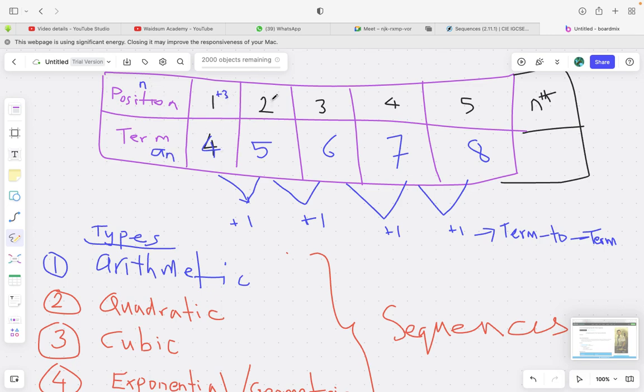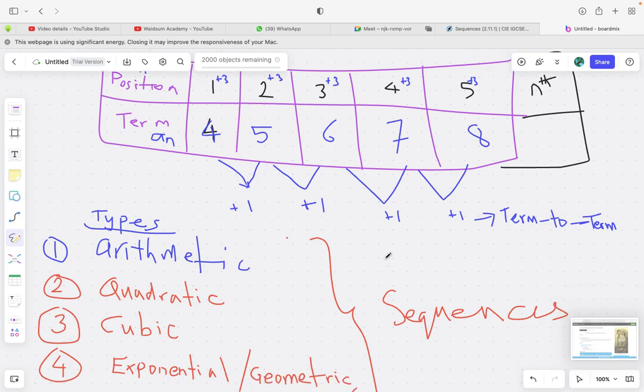You get 4, right? Then this 2 plus 3, you get 5. This 3 plus 3, you get 6. This 4 plus 3, you get 7. This 5 plus 3, you get 8. So when you add 3 to the position, you get the terms.